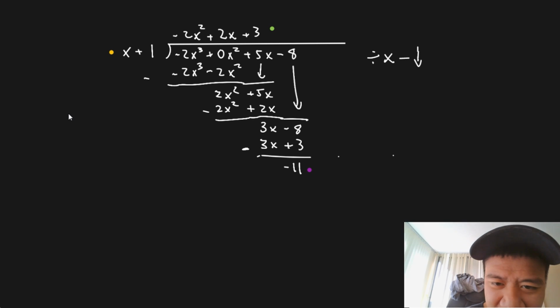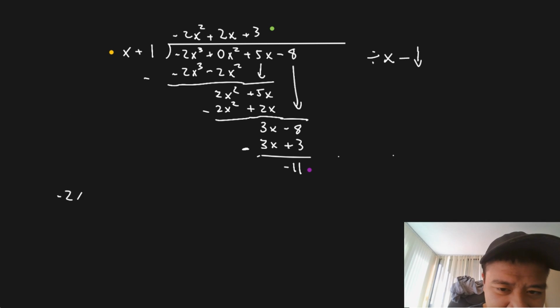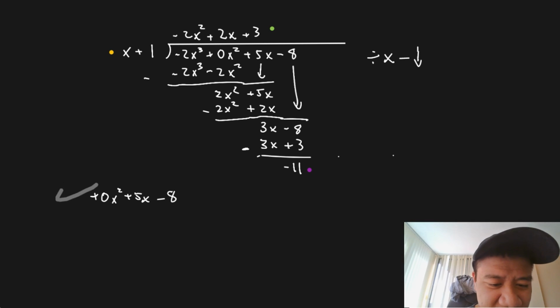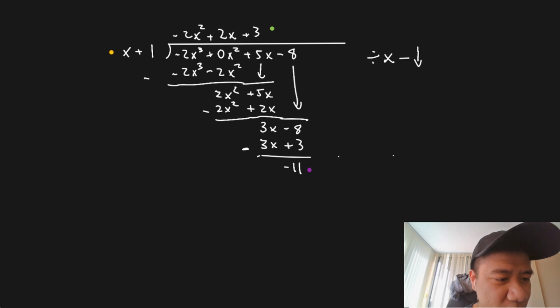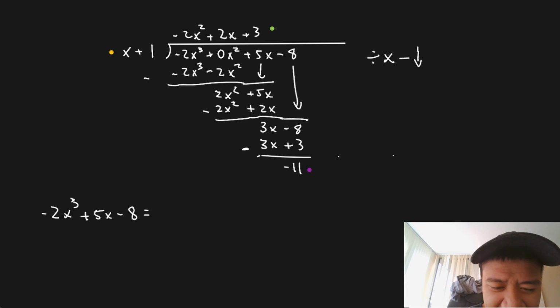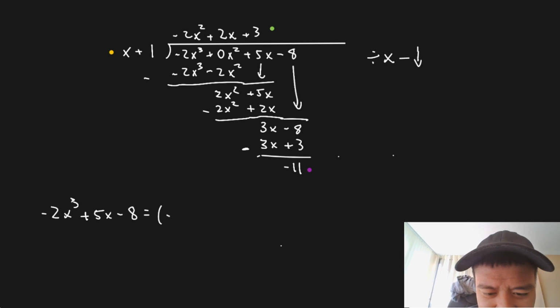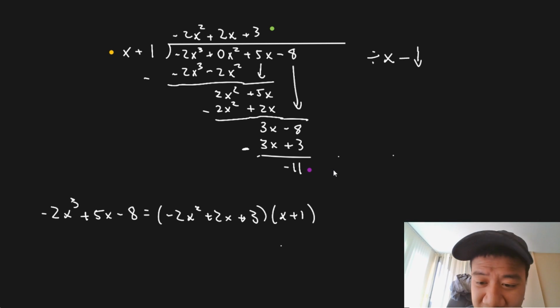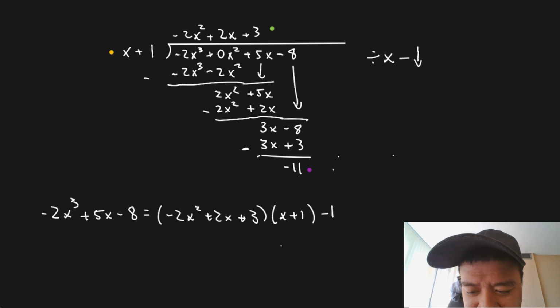So how we can write this out at the very end is we have our normal original polynomial, negative 2x cubed plus 5x minus 8 equal to our quotient, which is the green thing, negative 2x squared plus 2x plus 3 times x plus 1, which is our divisor, and we add the remainder at the very end, so minus 11.